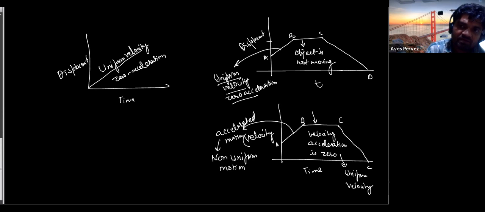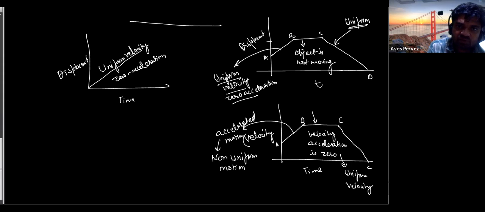Again, when the object is going from C to D, it simply means that the displacement is changing uniformly with time. We can say that it has uniform decreasing velocity. Here displacement is in the negative, the object is moving in the previous direction.